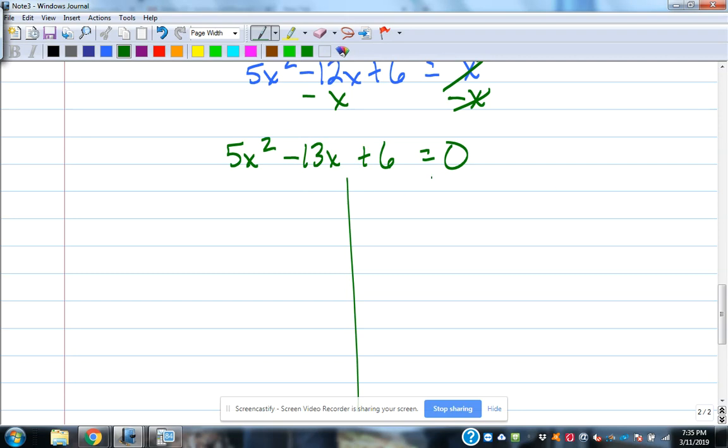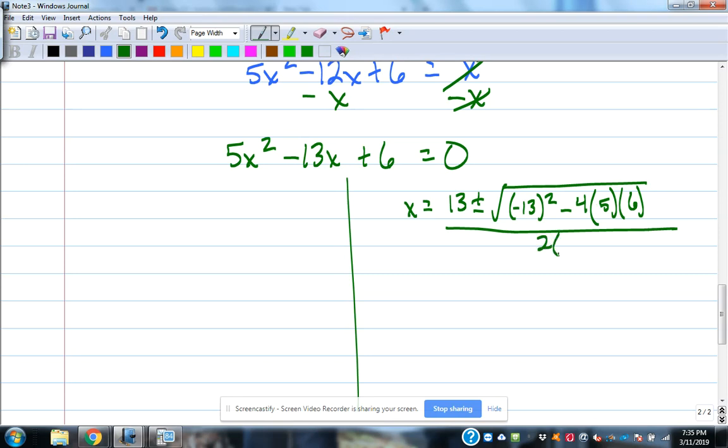If I'm going to do quadratic formula first, x equals 13 plus or minus the square root of negative 13 squared minus 4 times a times c, divided by 2 times a. I'm going to work out that number that's under the square root.